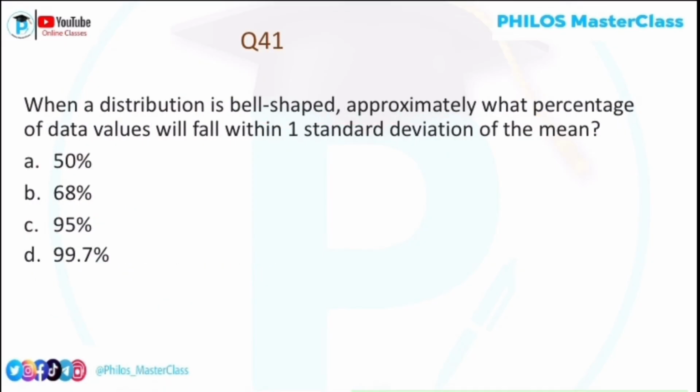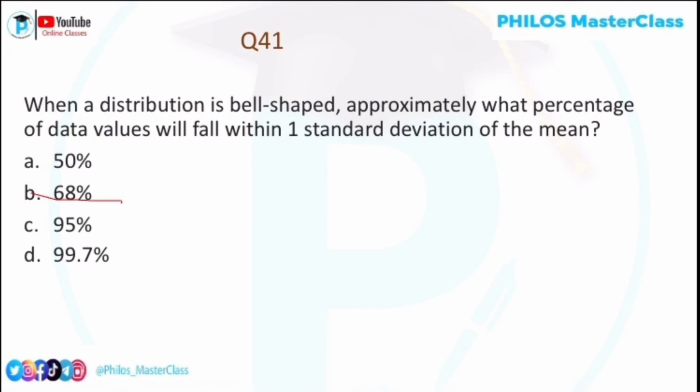This question says, when a distribution is bell-shaped, approximately what percentage of data values will fall within one standard deviation of the mean? The correct answer for this is 68%. This is also under Chebyshev theorem and the empirical rule.